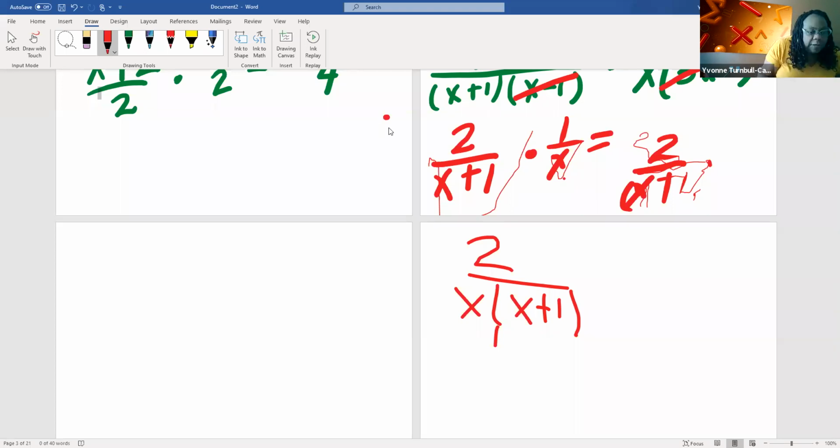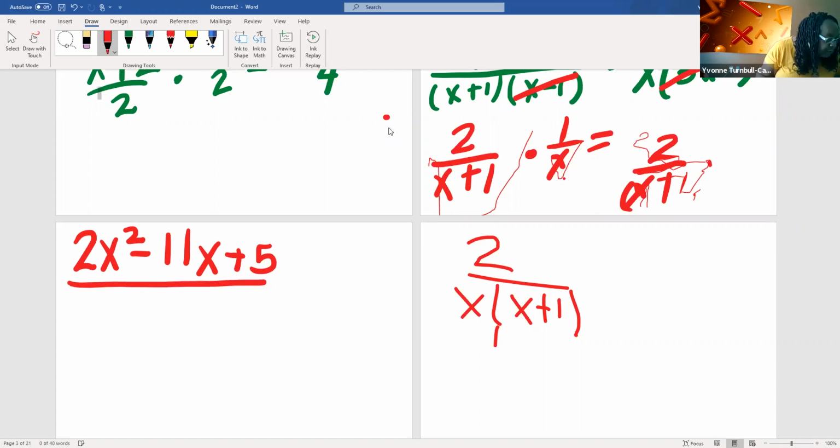All right, we have 2x squared minus 11x plus 5. And it's all over 5x minus 25.